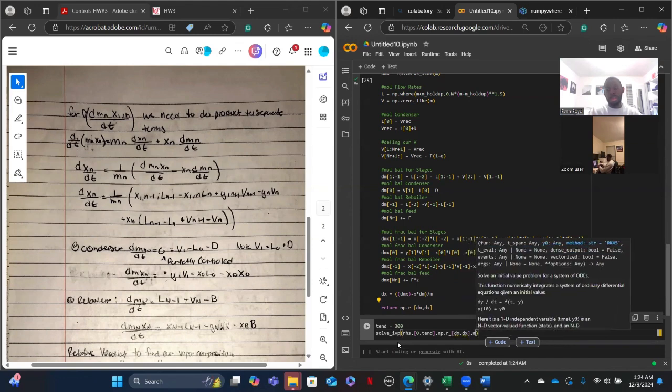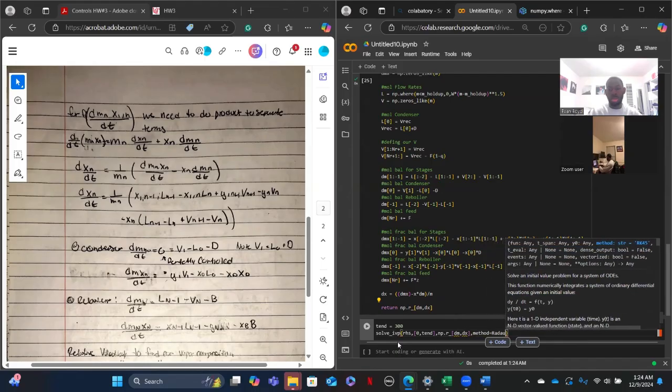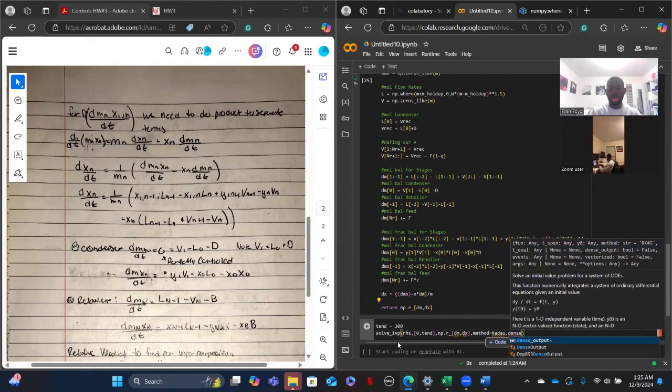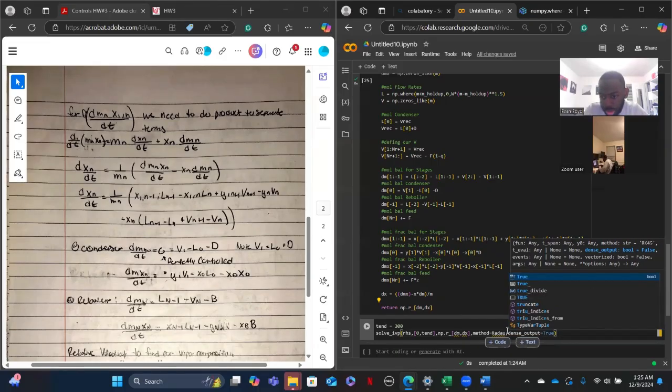We have our method, which is Radau. And then we have a dense output because it's a continuous function. Well, to an extent, because we do have a stop, but it's a continuous function. And then we have to say it's equal to true. That's what dense output is, right? Yeah. Okay.